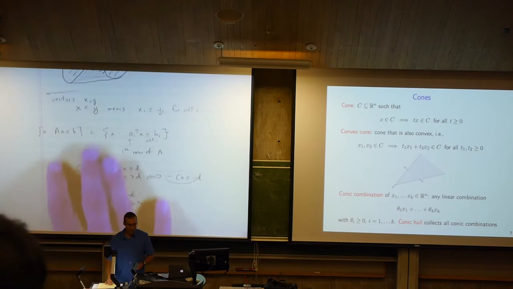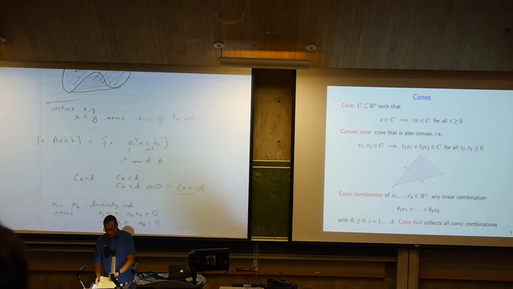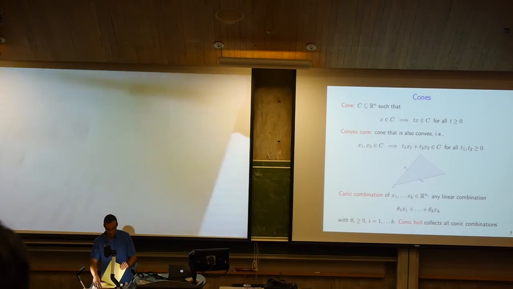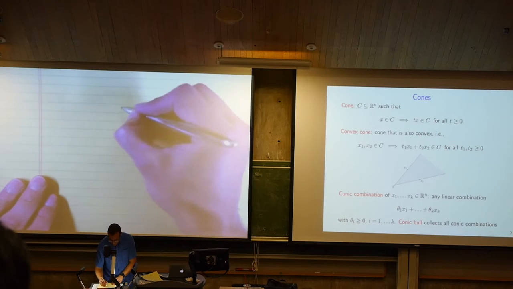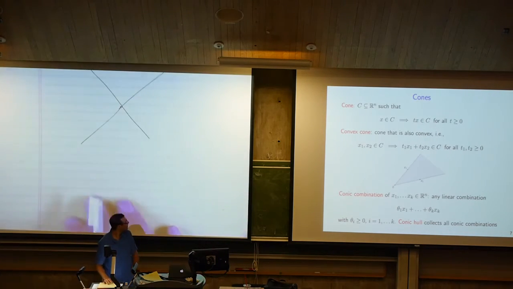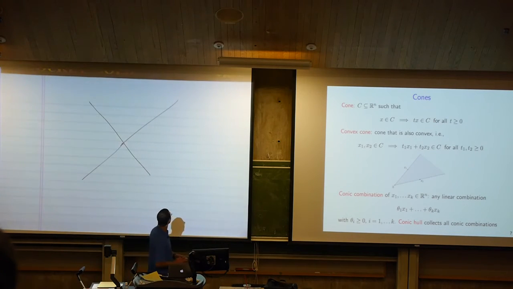Is every cone convex? Why did we define a convex cone? Can somebody give me an example of a cone that's not convex? Yeah, that's a fine example. Here is a cone. These lines are supposed to be extending out towards infinity.